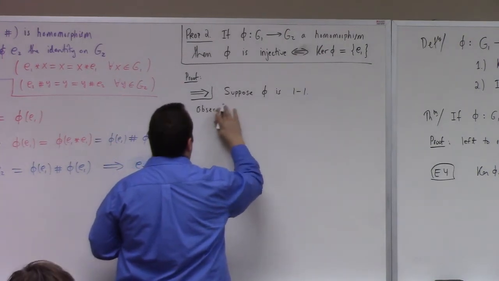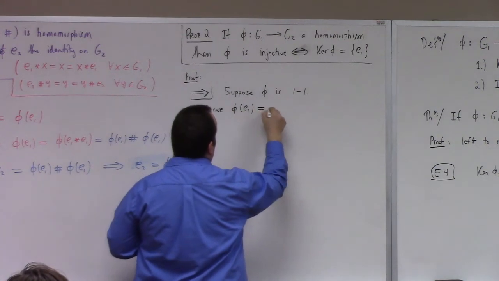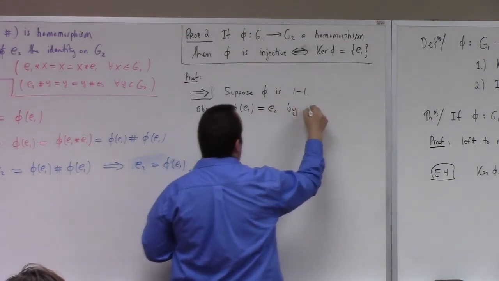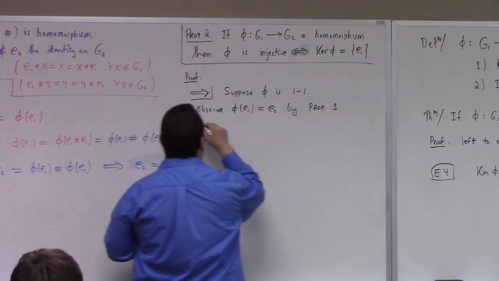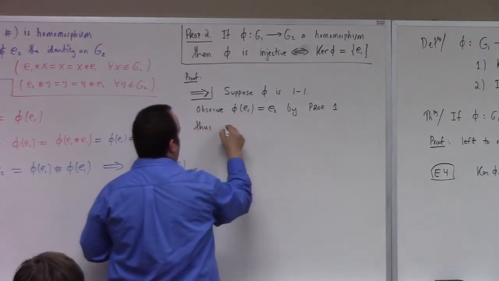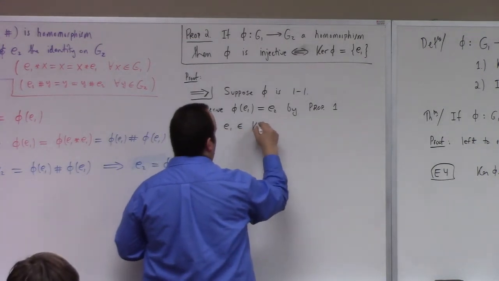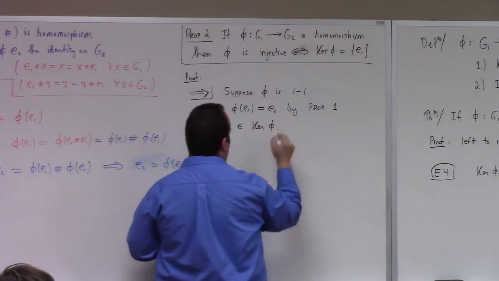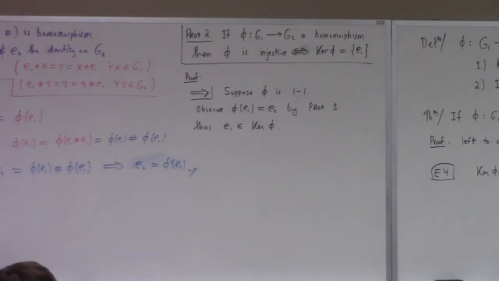Observe phi of E1 is equal to E2 by Proposition 1. Thus, E1 is an element of the kernel of phi. So it's in there.